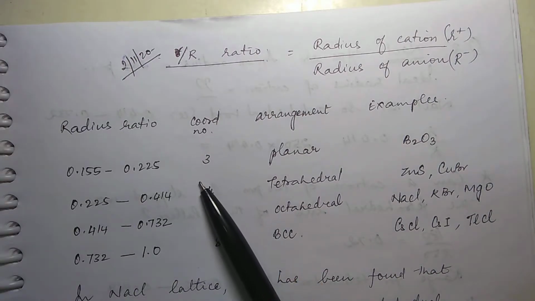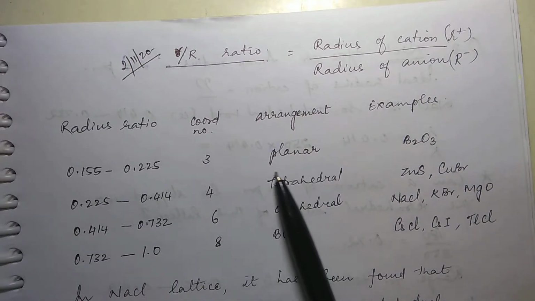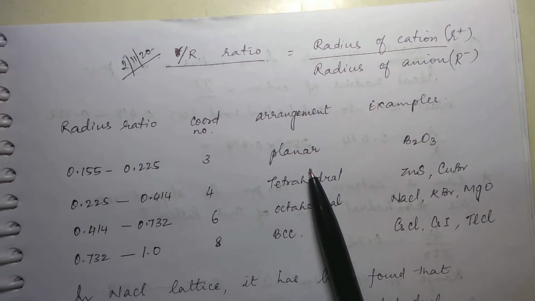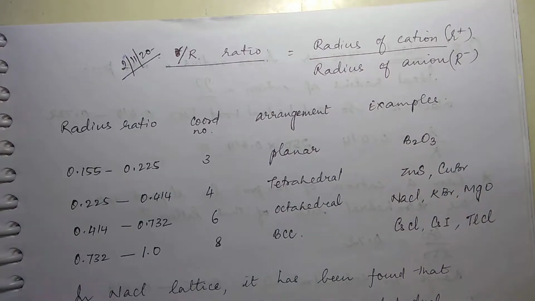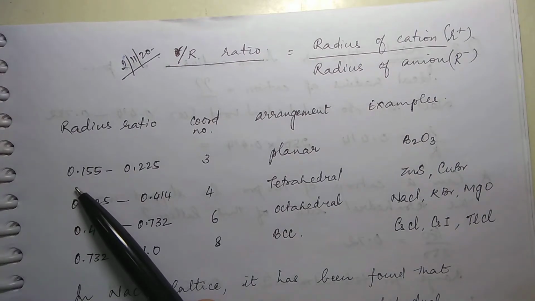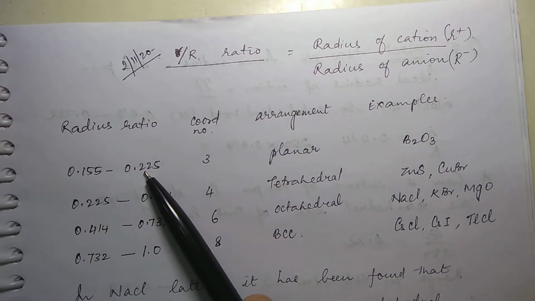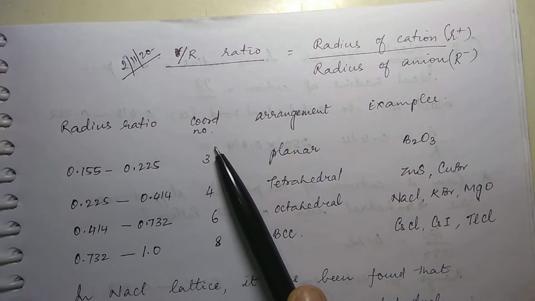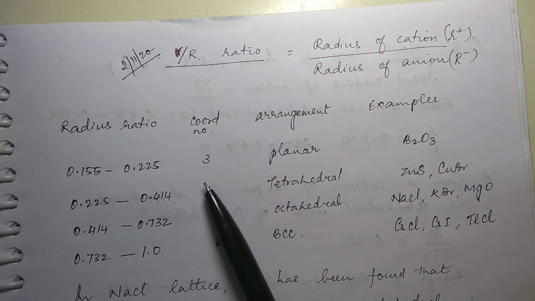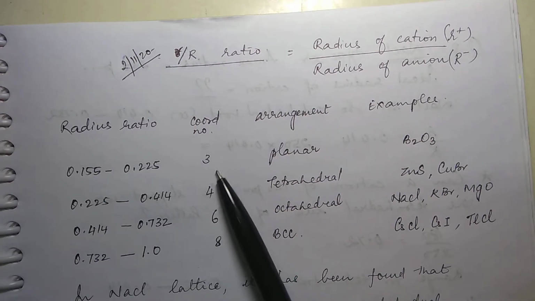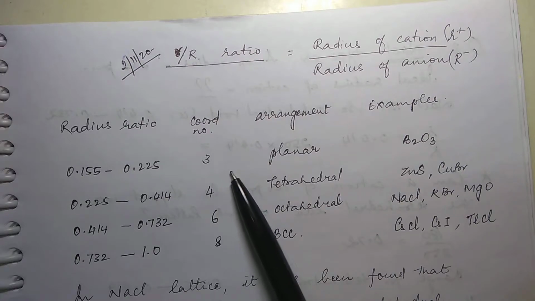And this coordination number can tell you the kind of arrangement, that is, which void is occupied. If the radius ratio is in the range of 0.155 to 0.225, then the coordination number is 3, and that means the void is surrounded by 3 atoms.